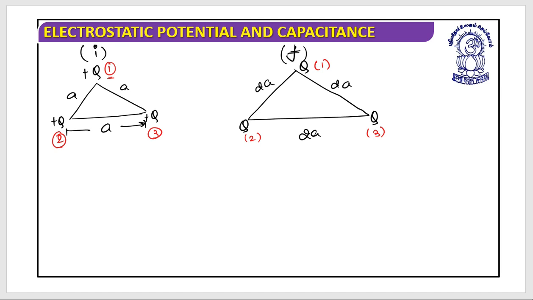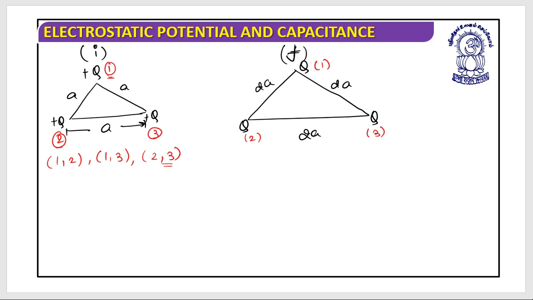How? Because I don't need to write the pairs twice. I can make it once and things will be done for both systems. So the pairs are 1 comma 2, 1 comma 3, and 2 comma 3. I hope these things are clear.